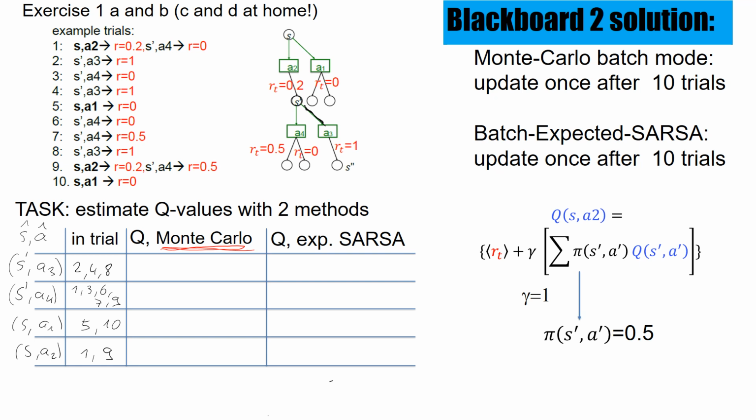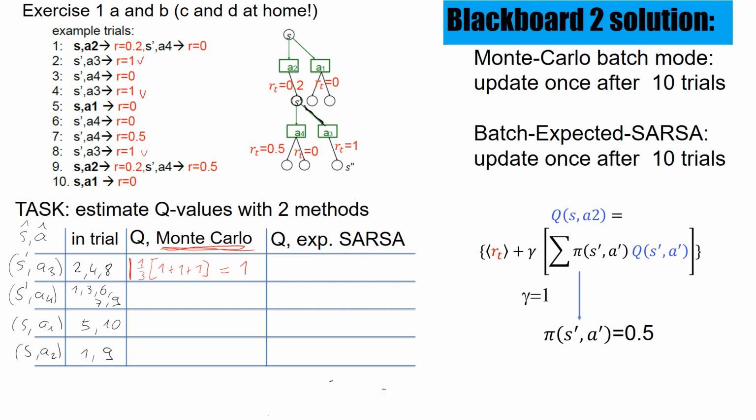Well, we see S prime A3 in 3 trials. S prime, we are in here in this first box. Trial 2, we get a reward of 1. Trial 4, we get a reward of 1. Trial 8, we get a reward of 1. So we have a value of 1/3 times 1 plus 1 plus 1, and that gives an estimated Q value of 1.